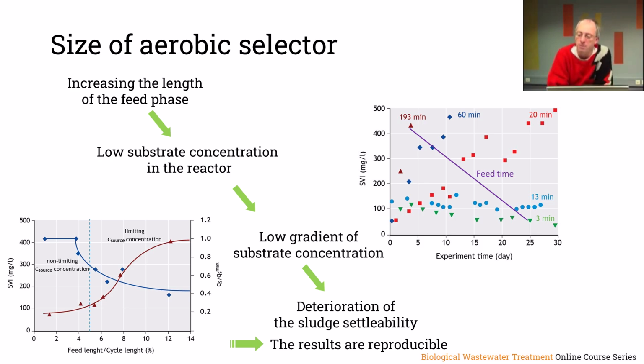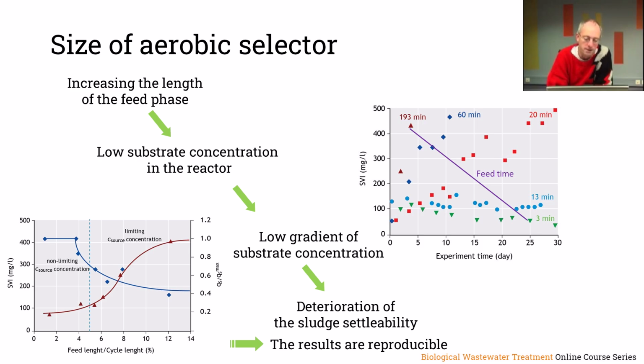So the shorter the feeding period, the better the sludge volume index is. The longer the feeding period, the more mixed the reactor is, and the more the filamentous bacteria get the advantage, and the more rapidly they grow in, the more quickly the sludge volume index increases. And of course, if it gets above 300 or 400 milliliter per gram, it's not possible to maintain the reactor in proper conditions, because all the time your biomass is washing out.